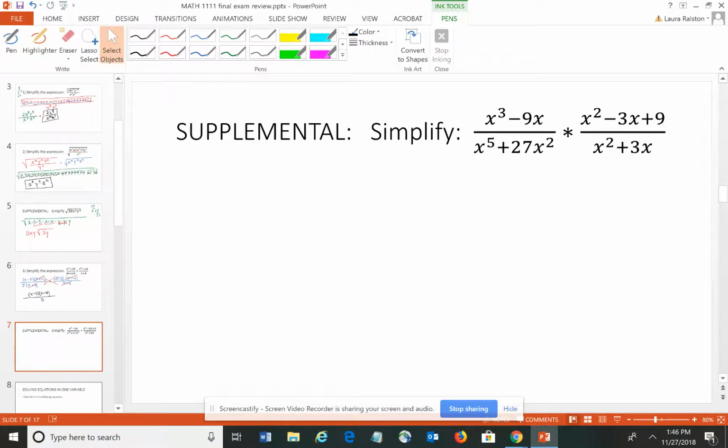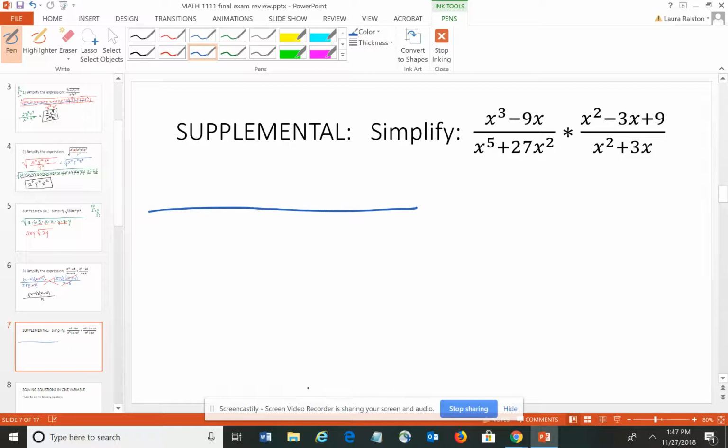There's also a supplemental question for this one. It's a little bit trickier because it involves some higher exponents, so you have to do some factoring. But again, the formulas for difference of 2 cubes and sum of 2 cubes are provided at the beginning of the final exam in the formula list. So again, we begin first of all by factoring.